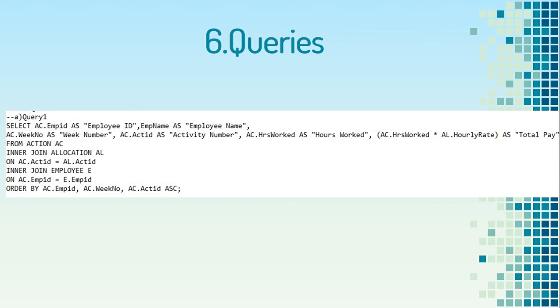If there are records in the action table that do not have a match in the activity table, this section will not be shown. If there are records in the action table that do not have a match in employee, this section will not be shown. ON means the relationship between the two. ASC is used as it should be arranged in ascending order according to the employee ID, week number, and activity ID mentioned in the question.